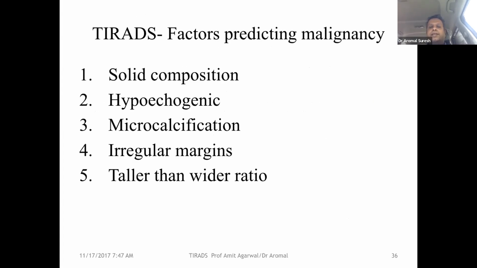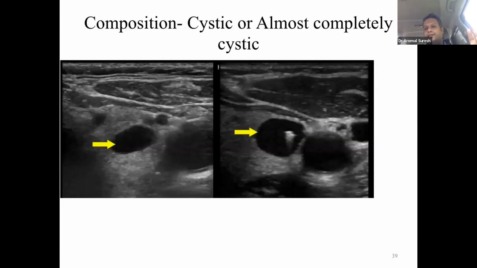So these 5 characteristics at least you should look for: solid composition, hypoechogenicity, microcalcifications, irregular margins, and taller-than-wide ratio. If you combine all of these, you can definitely stratify the nodules as high risk, intermediate, or low risk according to ATA or the newer ACR TI-RADS classification, category 1, 2, 3, 4, 5.